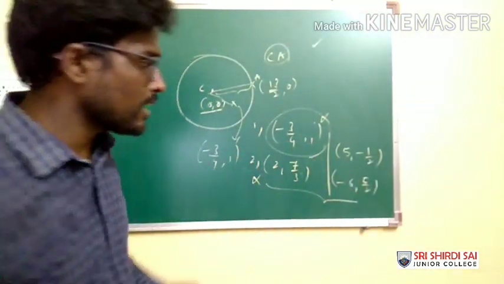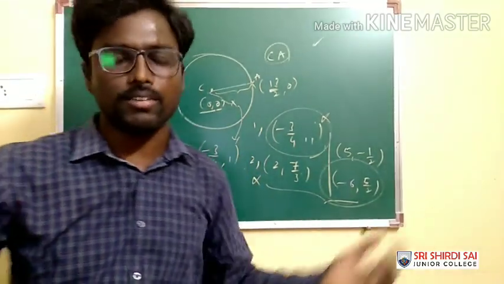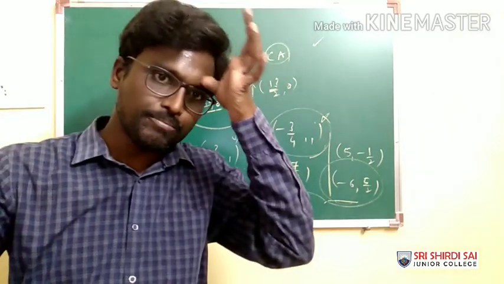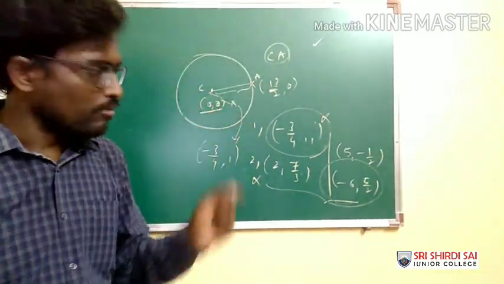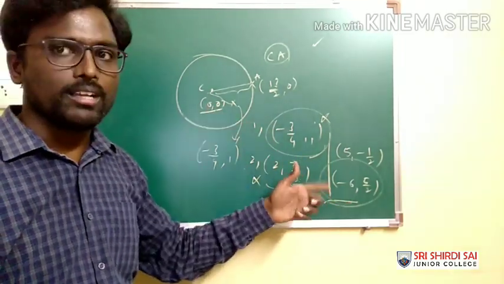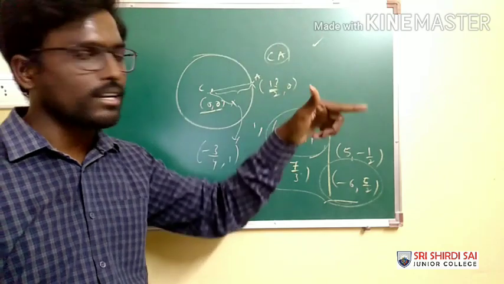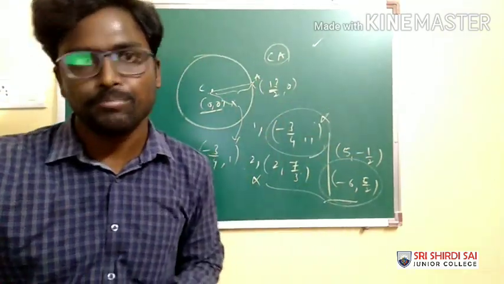If you check in that way, you will get the fourth option. Please do that yourself because it is a very simple application of the distance formula. I hope you understand. For the point where the distance from the origin is greater than the radius, that point lies outside, meaning it will not lie inside. That's our requirement here.